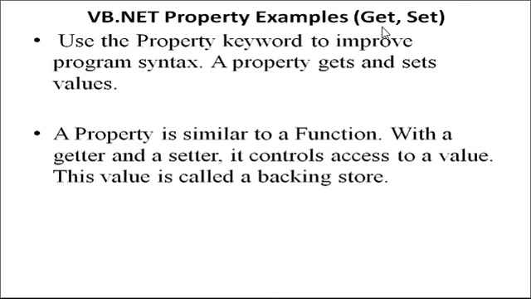It is also used in object oriented programming as getter and setter methods. Get means return the value and set means to save the value. The property is similar to a function with a getter and setter which controls access to a value.